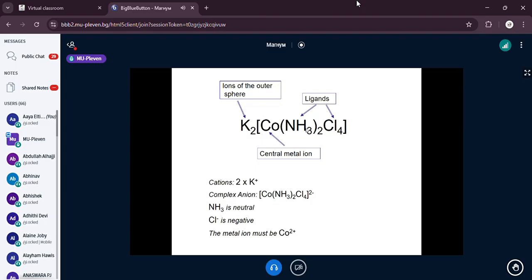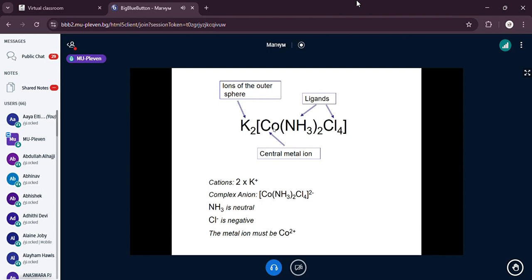What is the charge of complex ion? Charge is 2-, because outside we have 2 potassium ions, 2+. Inside, 2 ammonia neutral molecules and 4 negative chloride ions. The oxidation number of cobalt is 2+.